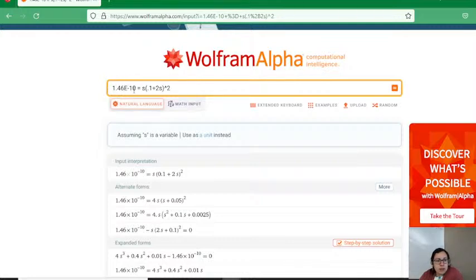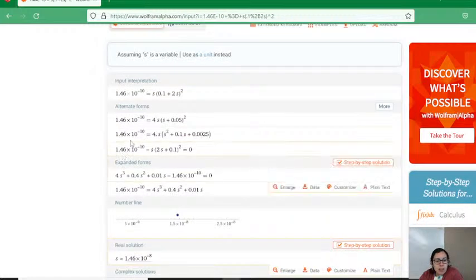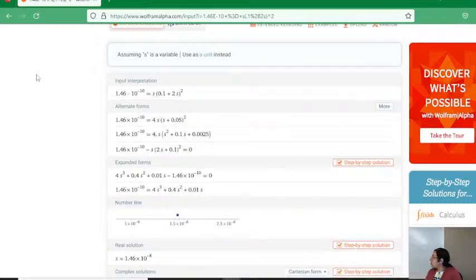It does accept the E notation, and you just make sure it reads everything correctly in this input interpretation. I just plugged everything in without the assumption, and it still came up with our same answer of about 1.46 times 10 to the negative 8. So that's just another tool to help check yourself with.